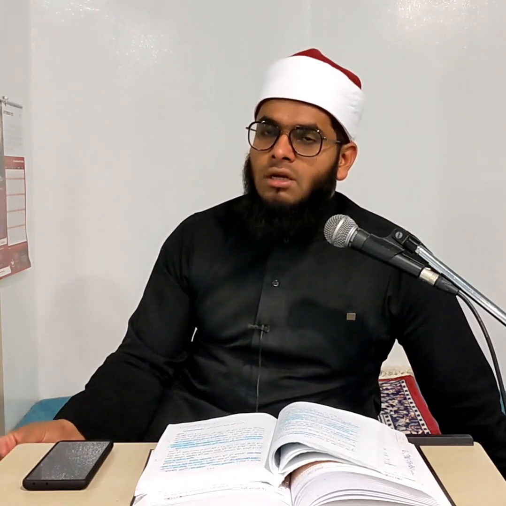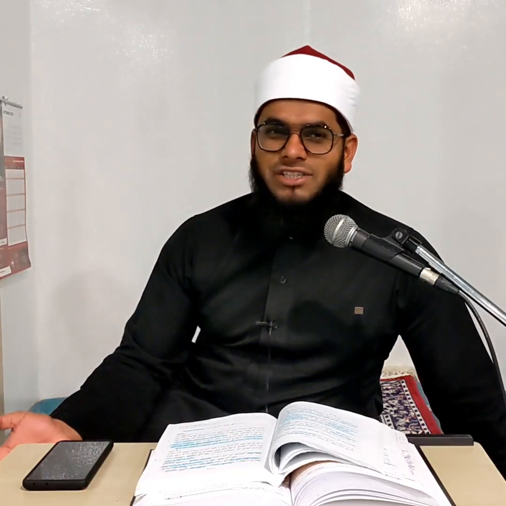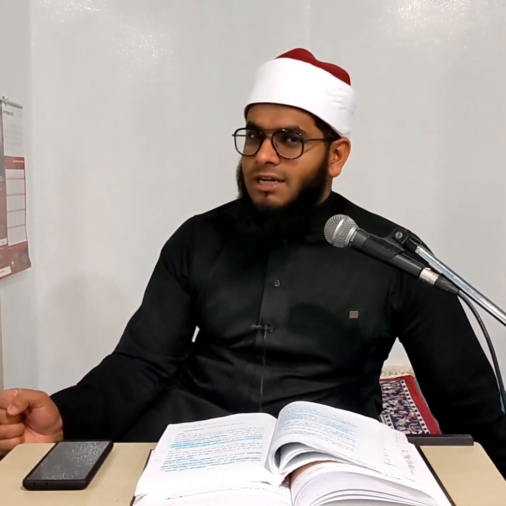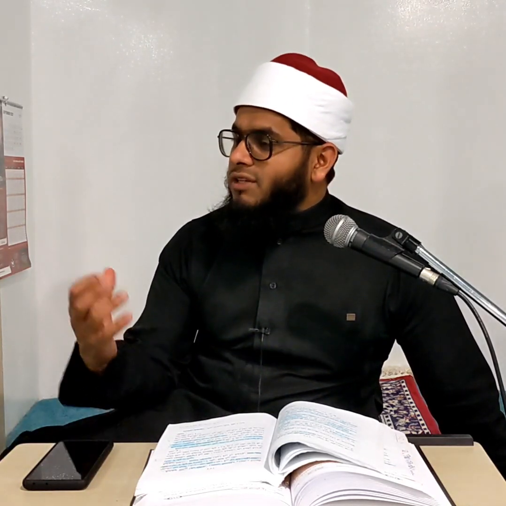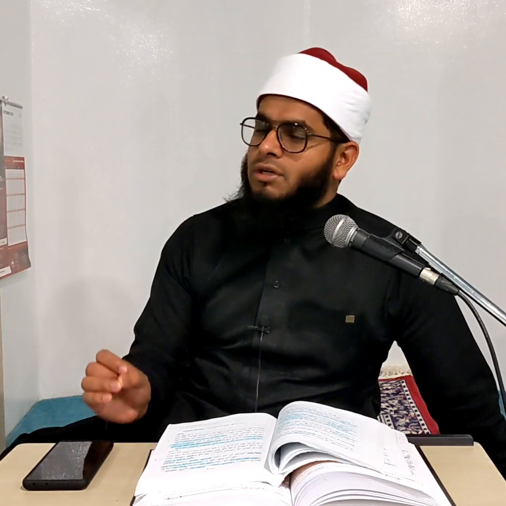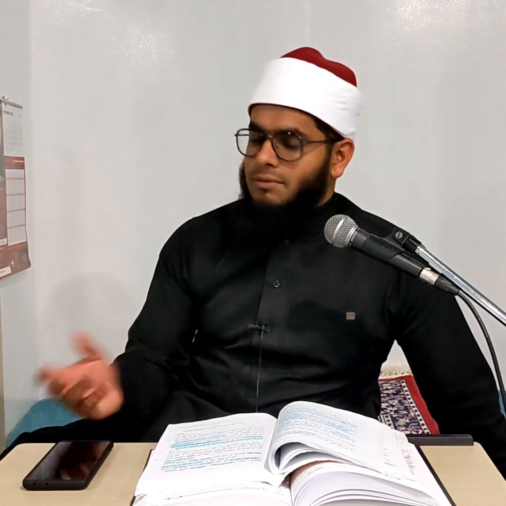When Allah talks in the Quran about talaq, He does not differentiate between giving 3 in one go or 3 separately. He didn't differentiate between giving the 3 talaqs in one word or in 3 separate words. So giving it with 3 separate words and giving 3 in one word is the same thing. That's the first evidence.